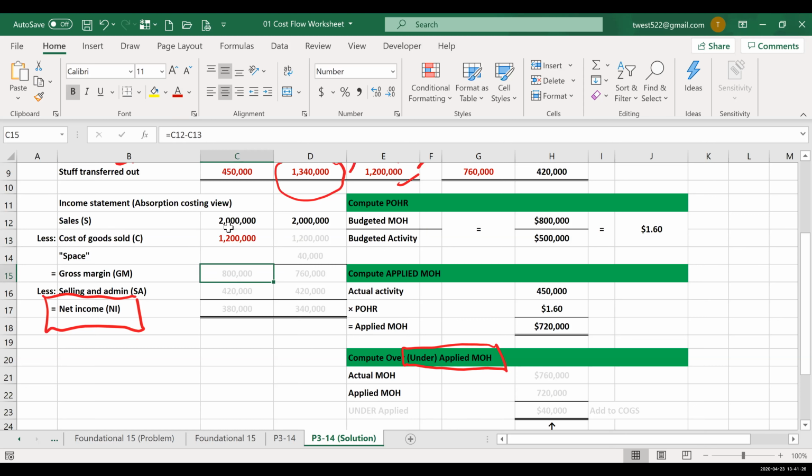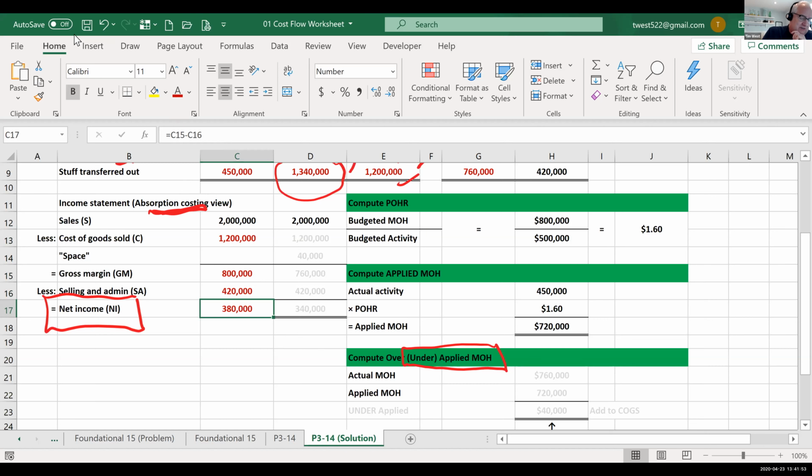As always, sales minus cost of goods sold is your gross margin. One of the assumptions that we added was selling and administrative expenses. So we wound up with income of 380. And as another reminder, this is an absorption costing income statement. Although most of the semester we've looked at a variable costing income statement.